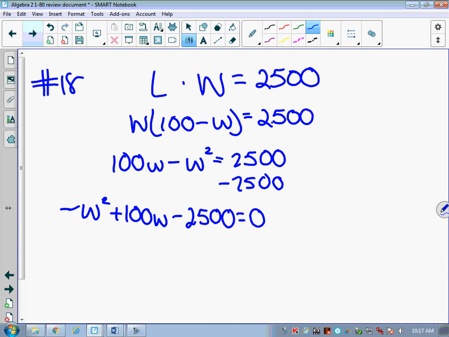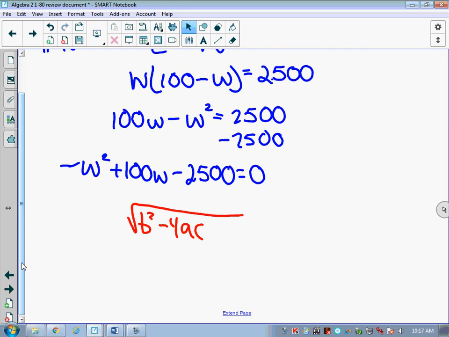None of us? Okay. All right, the discriminant is done using part of the quadratic formula, the part being b squared minus 4ac. Okay, so let's plug our numbers into b squared minus 4ac. What is representing b in this equation? 100.